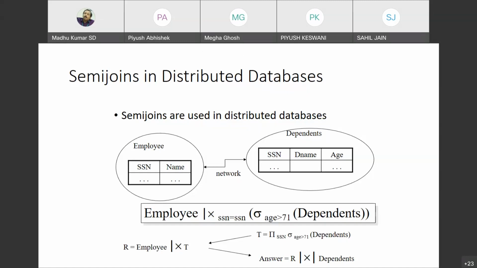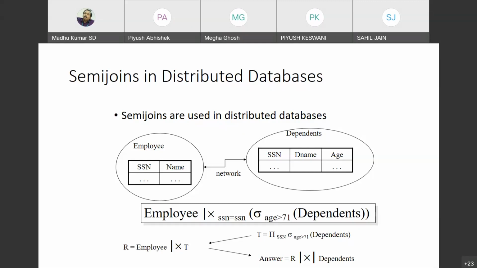Here you are talking about projecting one particular column. From the dependent table, you execute a query that selects all employee dependents where the age is greater than 71, and then projects the SSN alone, and that is transferred to the node of employees where you take the join.